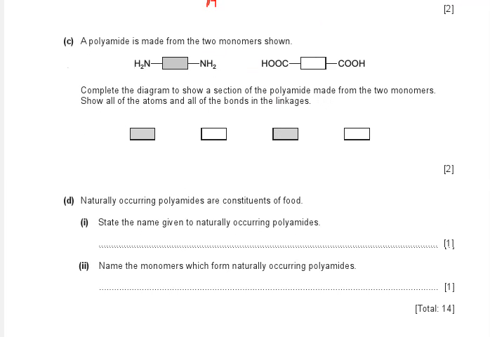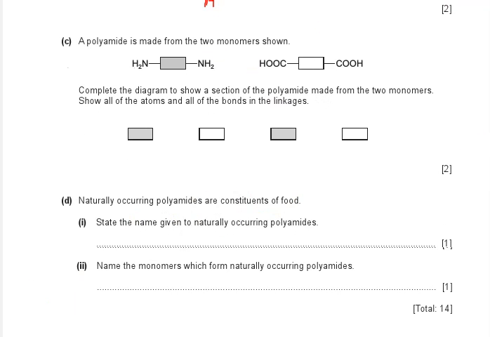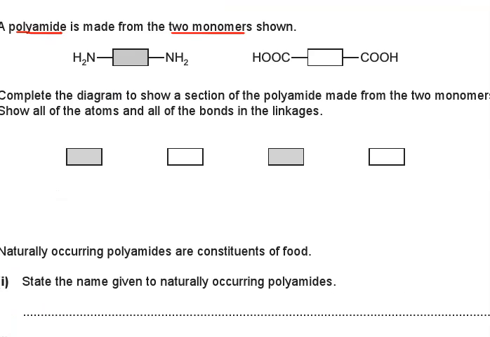Now we come to the second part. A polyamide is made from two monomers. So which is this? To explain further, let me explain this part. Now acid.